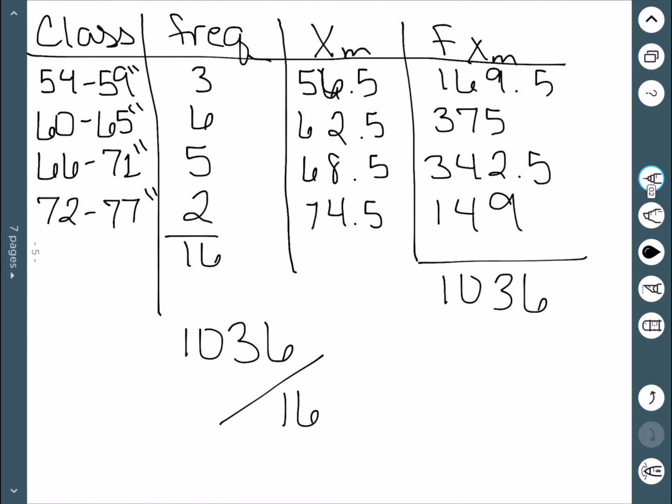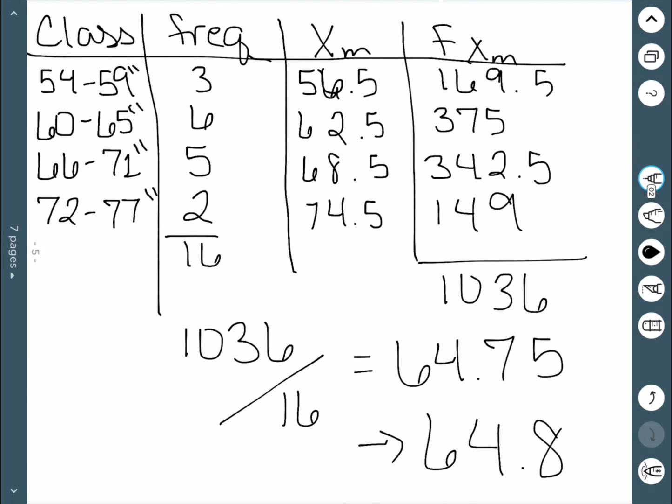So we're going to divide 1036 by 16, and we get 64.75. Like I said, we tend to round these to one more decimal place than our data. Since our data didn't have any decimal places, we want to only round to 1 here. So we'll write this as 64.8.